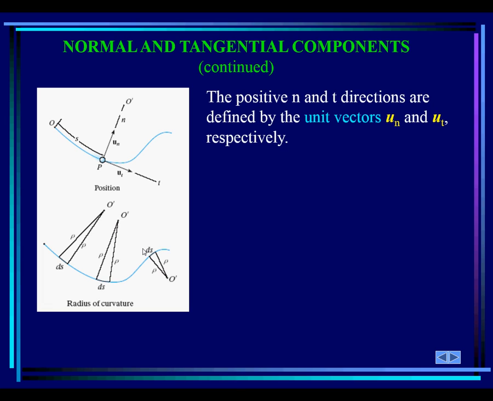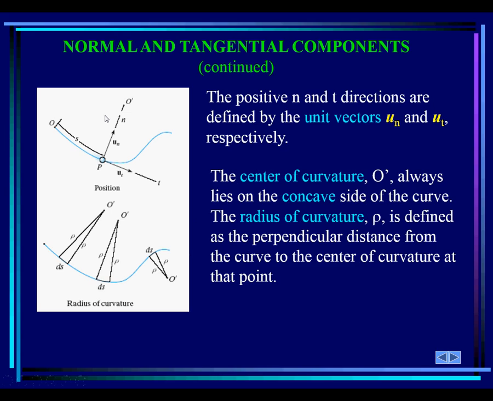It's helpful to define these changes by so-called unit vectors, like you see on this graph, u normal and u tangential. That's how we indicate the direction.